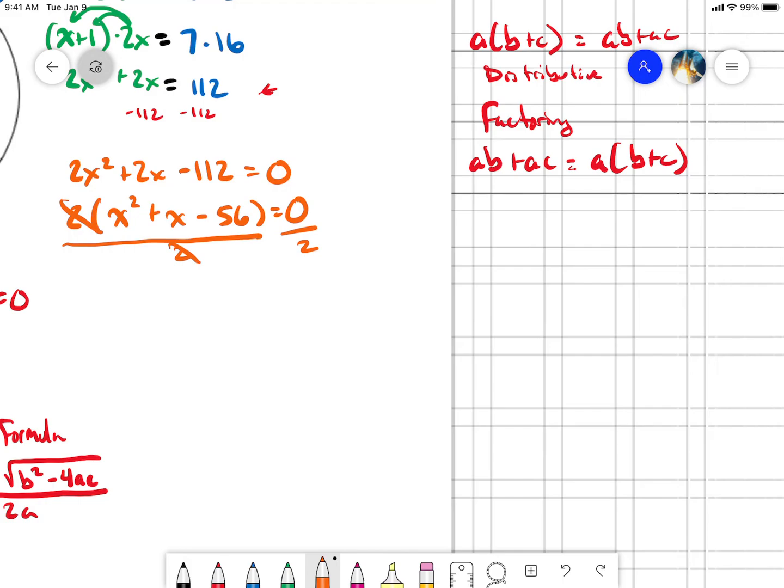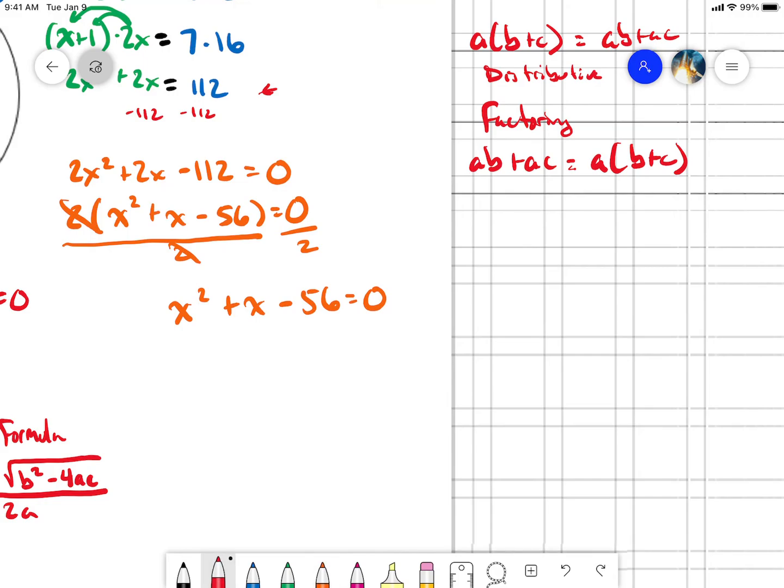It's still 0, right? That's the beautiful thing about having a quadratic equal to 0: when I start dividing out common factors, I'm literally just getting rid of them. They're just gone, because 0 divided by any number is still 0. So I've simplified the problem to x squared plus x minus 56 is equal to 0.